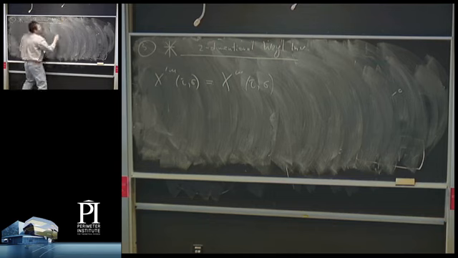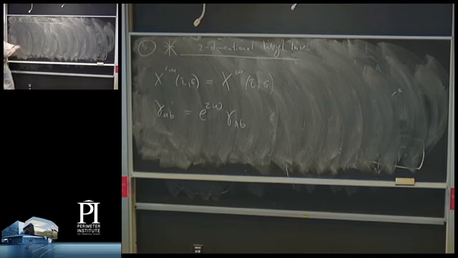So what do I mean by that? I have to tell you how all our fields transform under the symmetry, and we all agree that that's indeed a symmetry. Our fields X don't transform at all, so they are scalars, but the metric does transform.